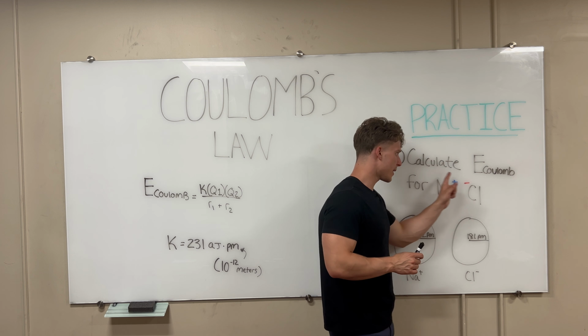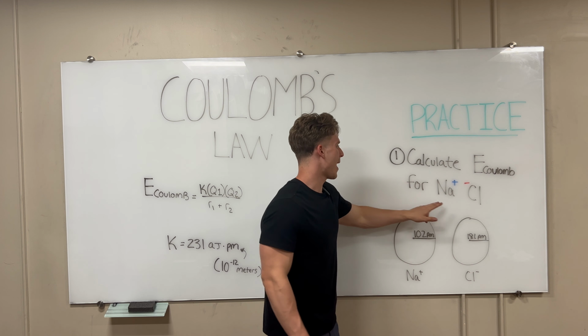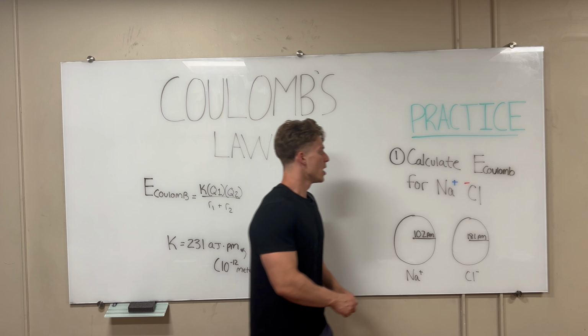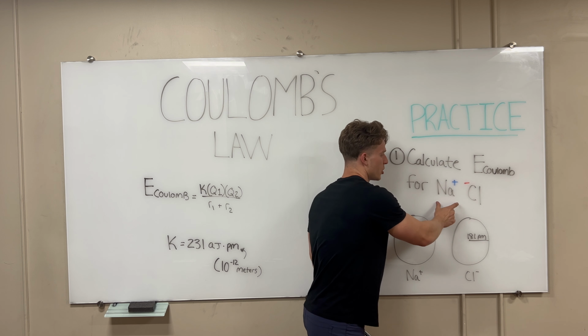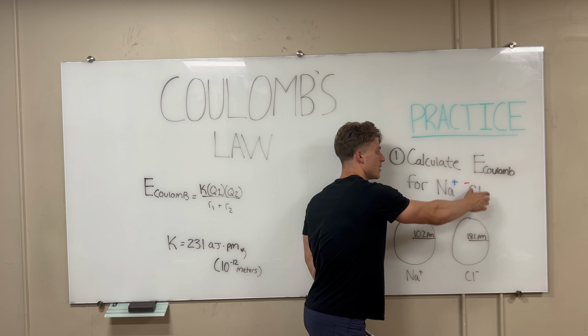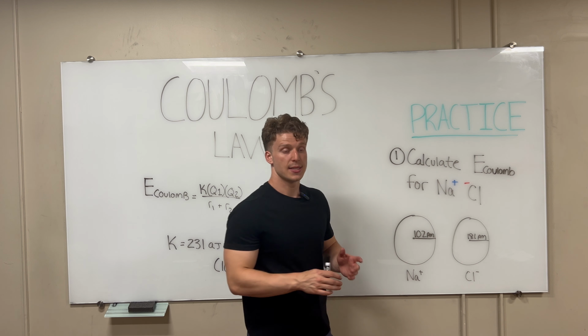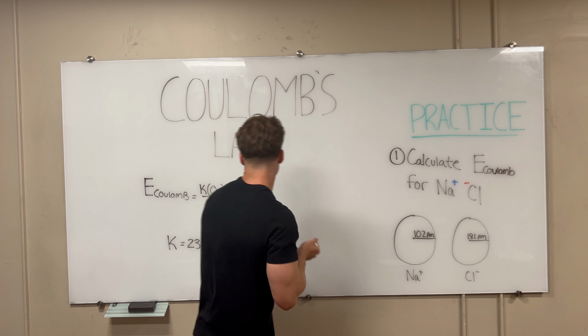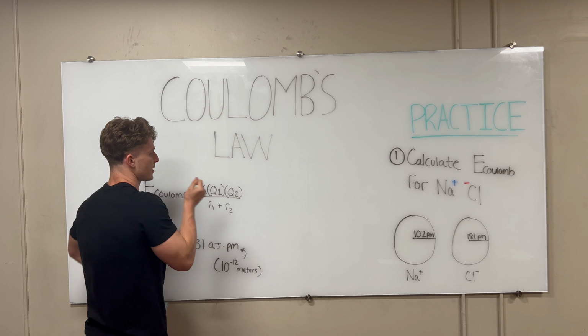So calculate E Coulomb for Na plus and Cl minus. So we know that a positively charged thing, sodium plus, is going to be attracted to this negatively charged thing, Cl minus. So let's write E Coulomb for this process.